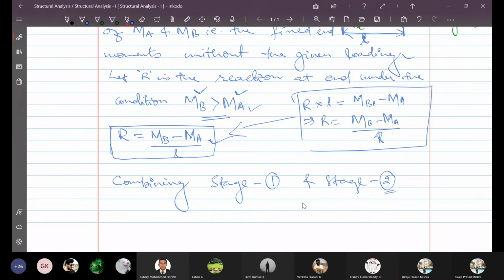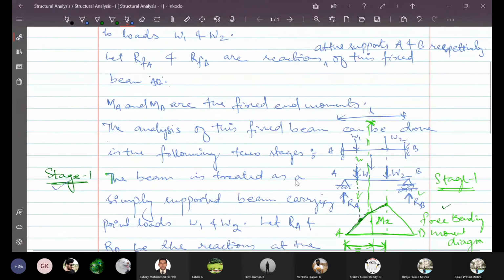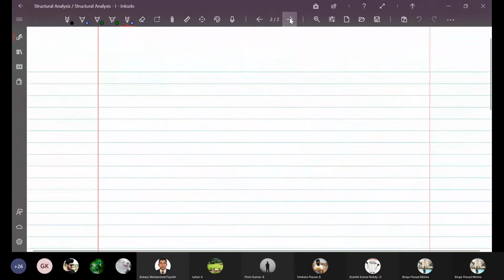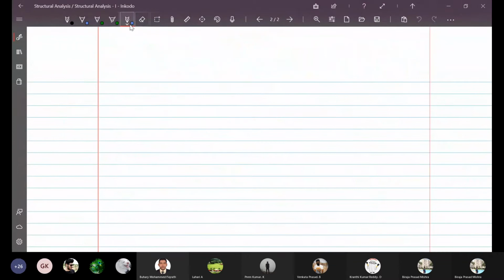Let me draw those once again here for your clarity. Here we have this one, and this is W1, this is W2, this is A, this is B, and these are RA and RB.